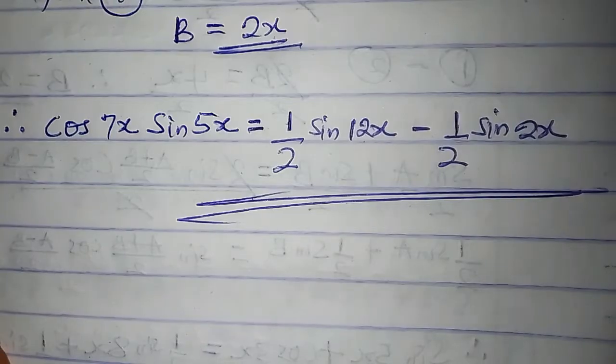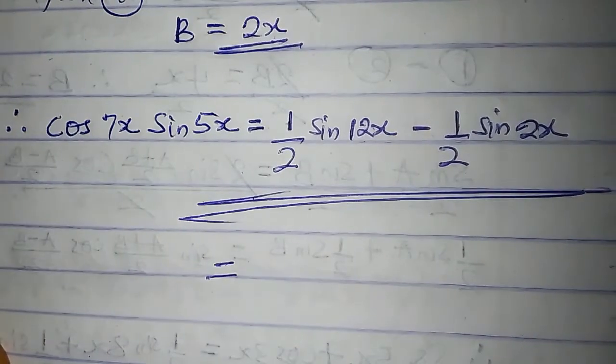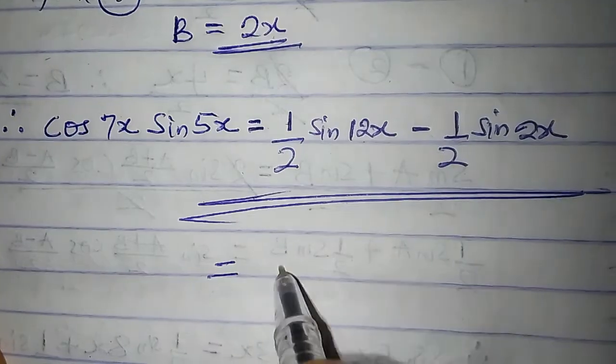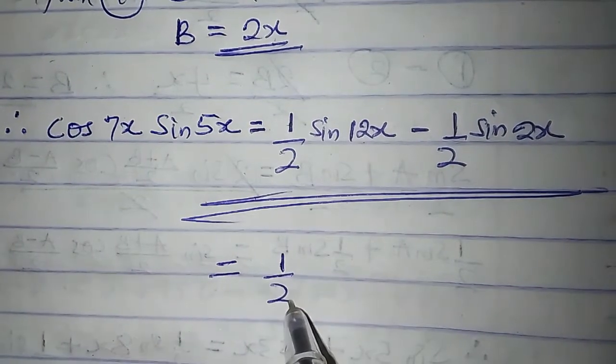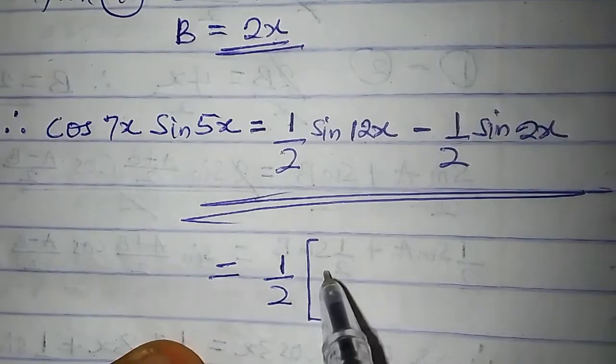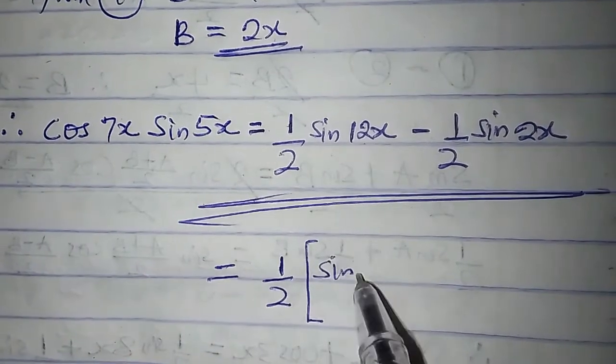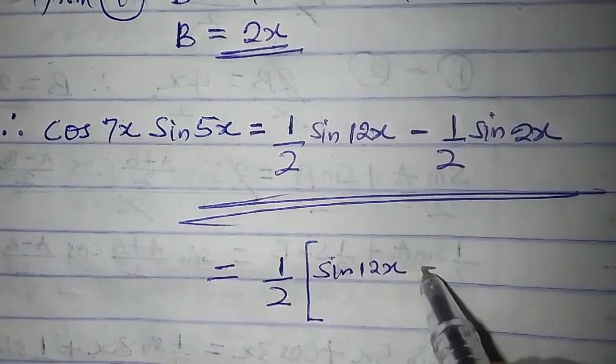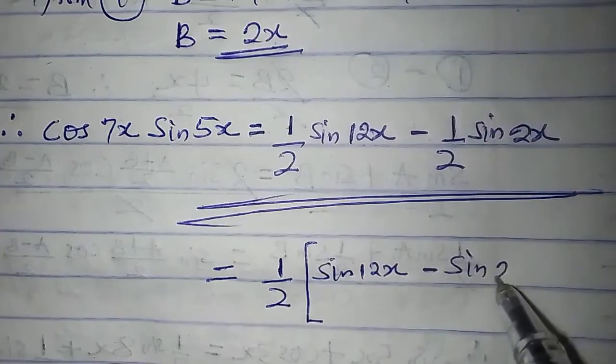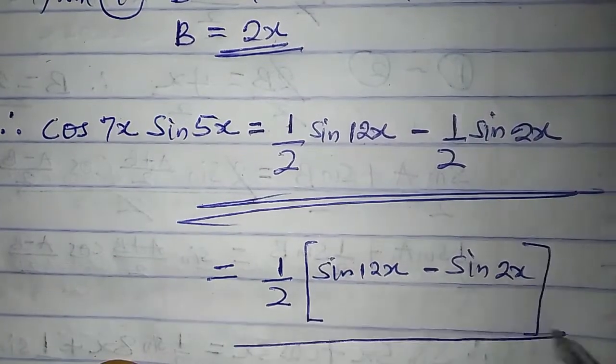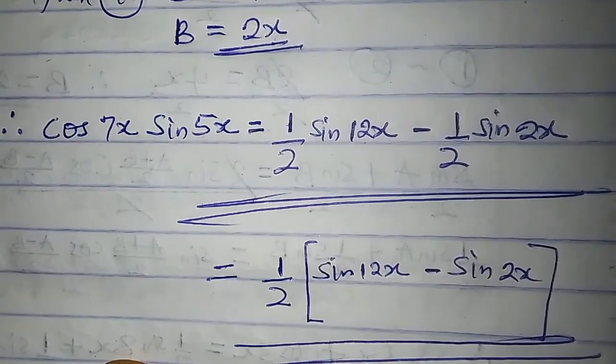So this is it. We can actually factor out 1 over 2 and say 1 over 2 times sine 12x minus sine 2x. Alright, they are the same. So whichever one, we are correct.